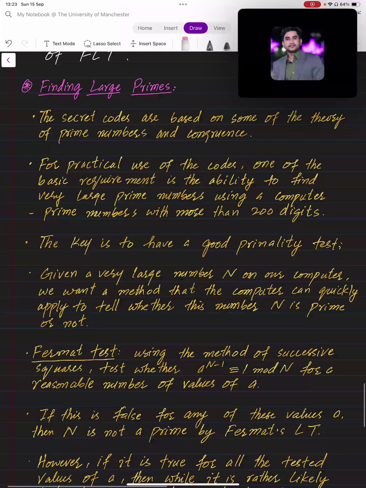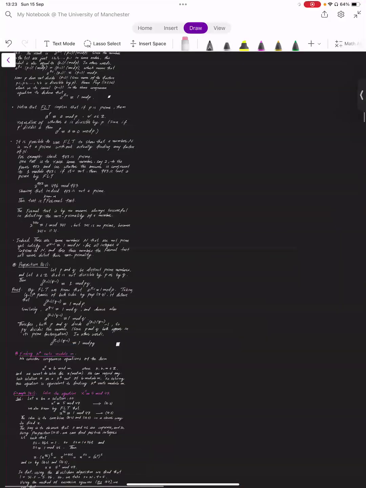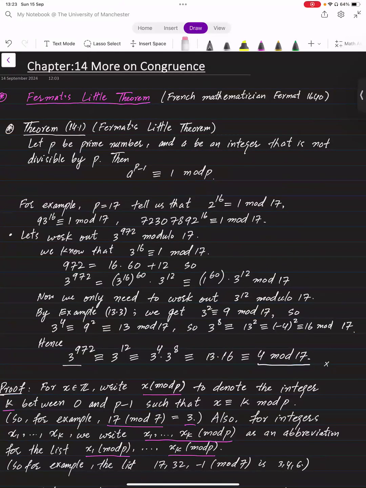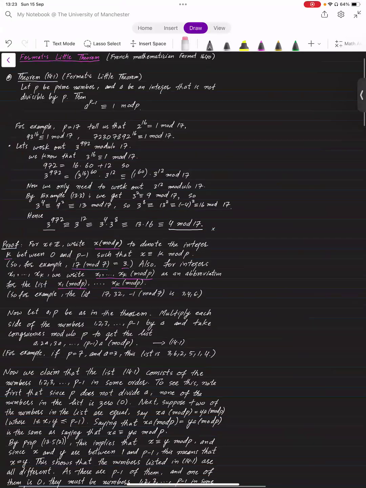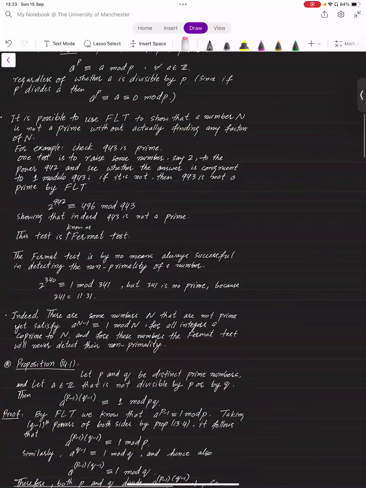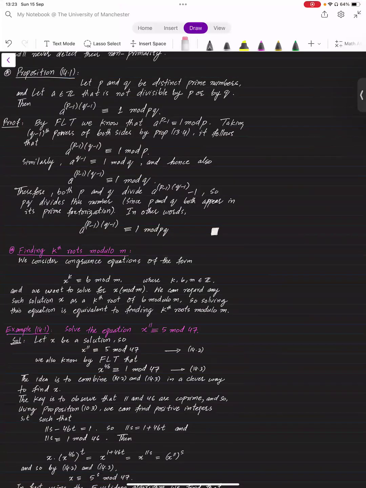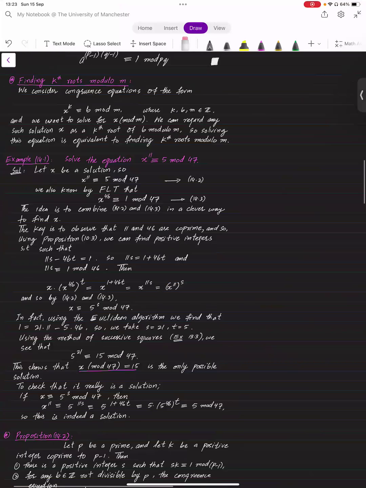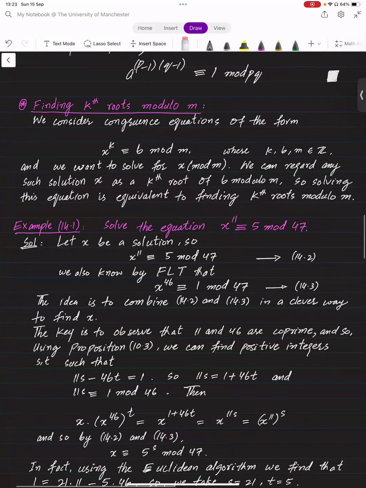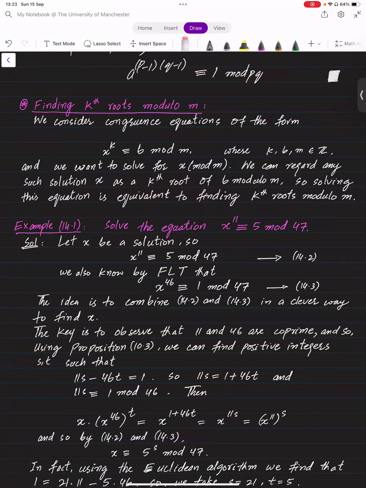Okay, so in previous lectures on this chapter, we have discussed Fermat's little theorem, and then we have discussed some consequences of that theorem at 14.1. Then we have talked about finding the kth roots modulo m, or just solving equations of this form.